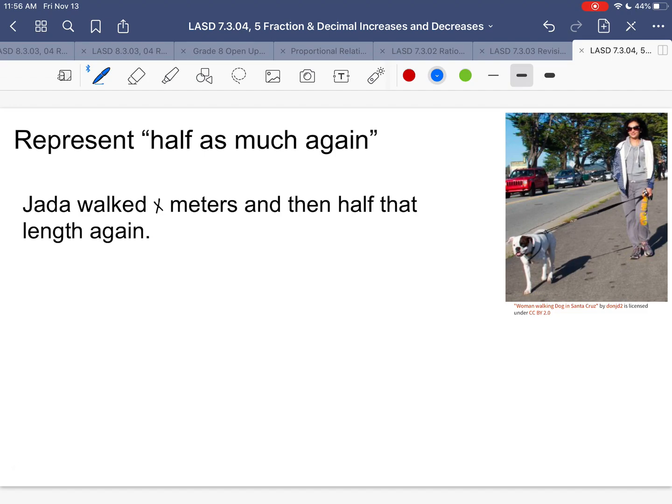We can represent these with variables. Here we have a variable, x. So she walked 1 times x meters, and half that again, so a half times x meters for 1.5 times x meters. Or we could make that an improper fraction, 3/2 times x meters.